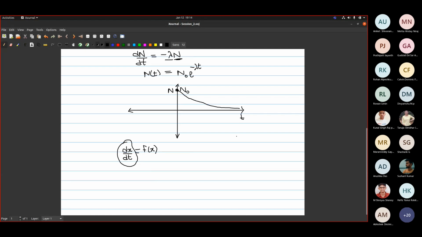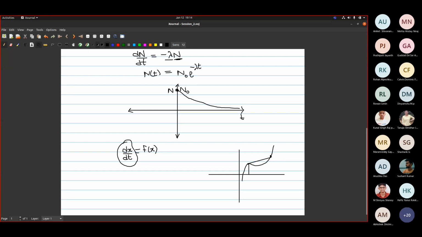So I will give an example of what I'm trying to ask here. Suppose I have this kind of graph, and you have 2 points. How do we exactly find this derivative?